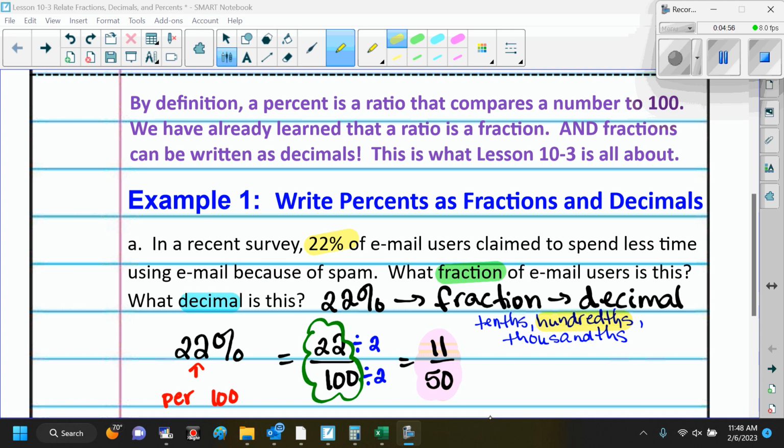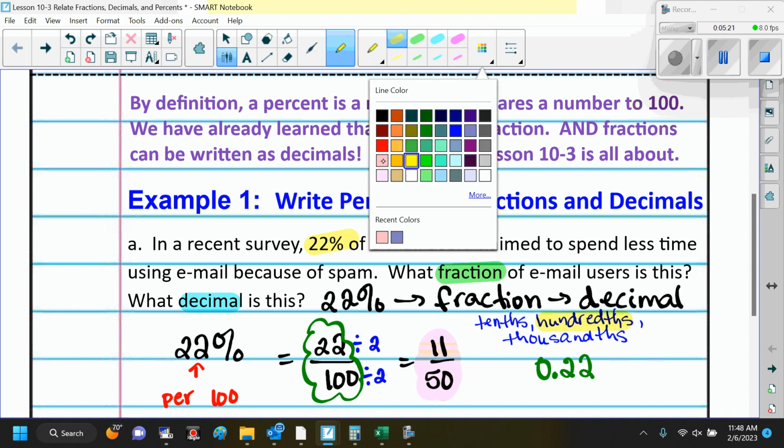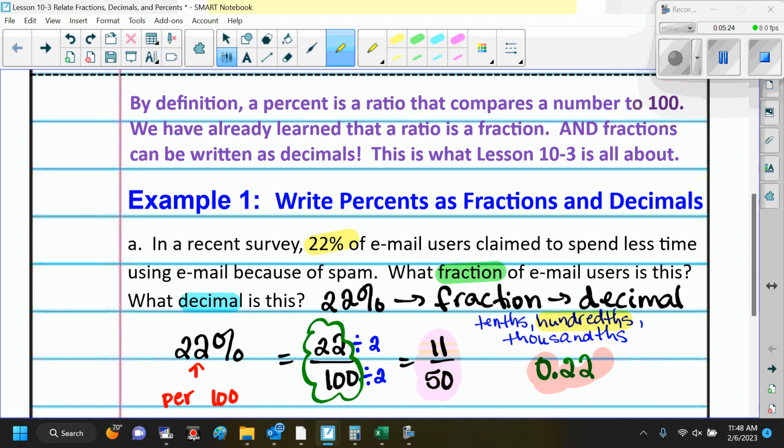So how do I read 22 over 100 correctly? 22 hundredths. So 22 hundredths, how do I write that as a decimal? Yes, 0.22. So there is my second answer. That is 22% as a decimal.